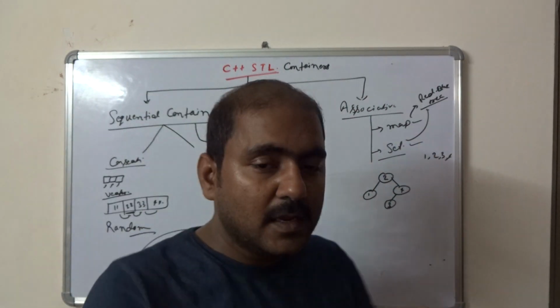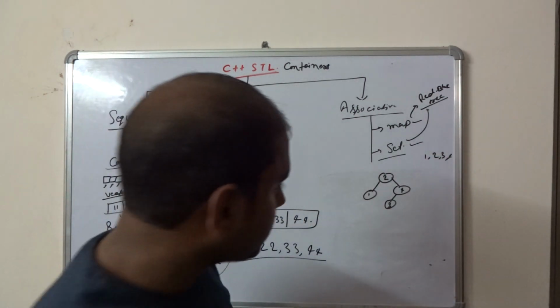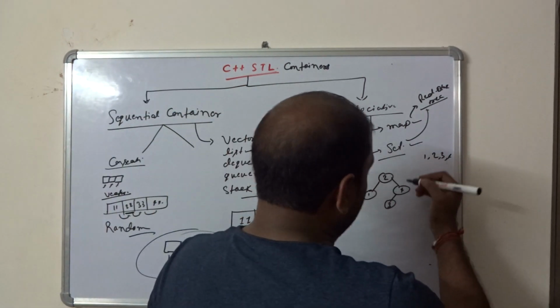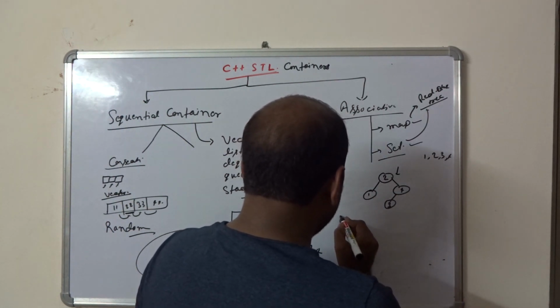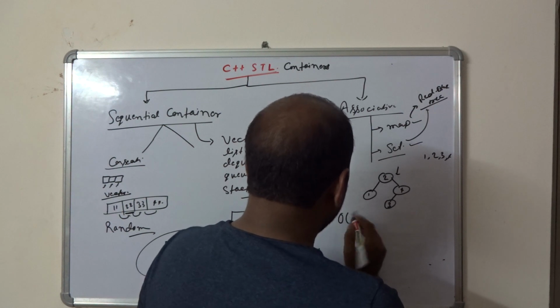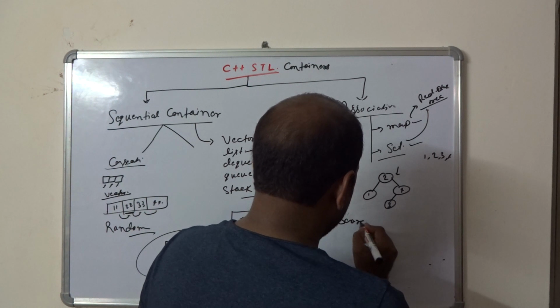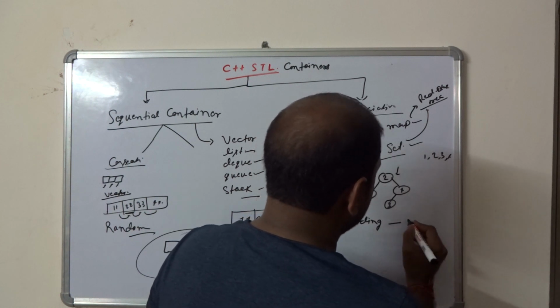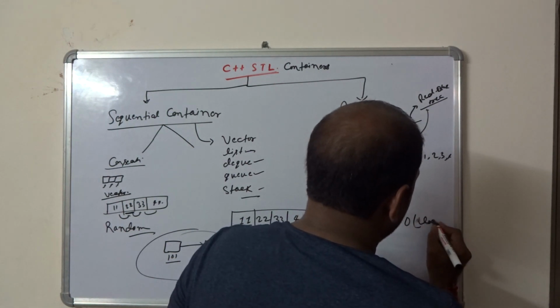At every insertion your tree will be balanced, and at every deletion your tree will be balanced. And in the red black tree, the searching will be optimized. The complexity of searching is big O of log n.